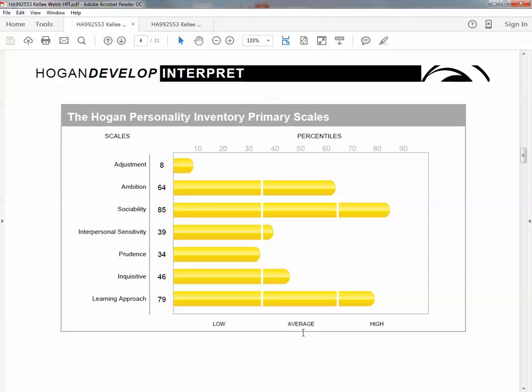We'll roll through these different traits very briefly, and I'll give you some examples of how I've scored in these areas. For adjustment, I scored an 8, which is a low score. Adjustment is how you adapt to change and how you may handle stress.